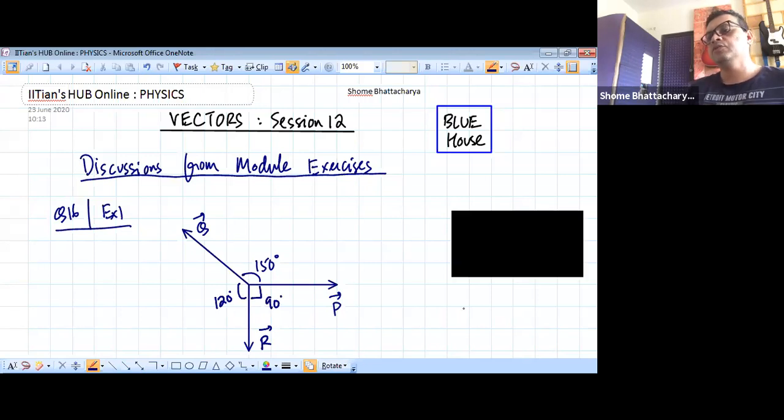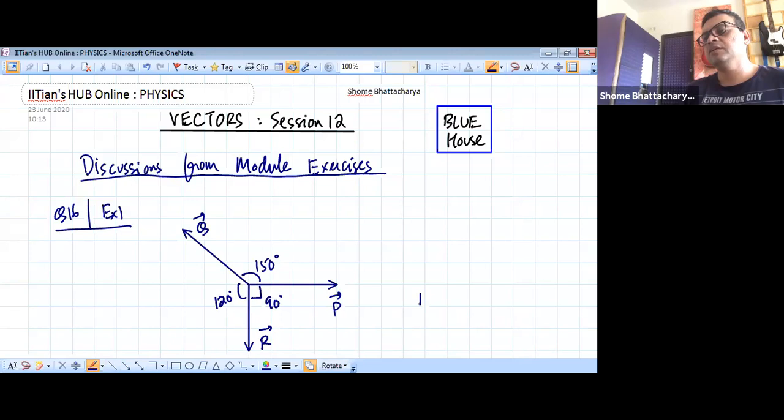Okay. So you have to find the ratio of P is to Q is to R, so that their sum is equal to 0. And the resultant sum of this is 0. That is the meaning of equilibrium.